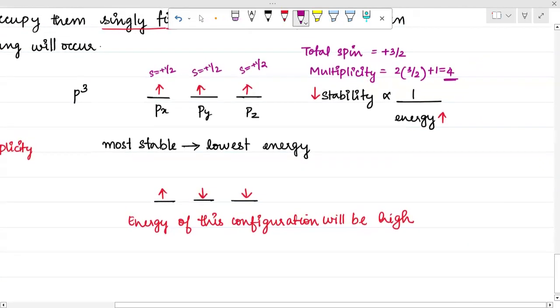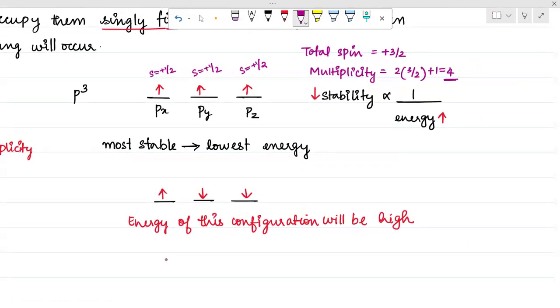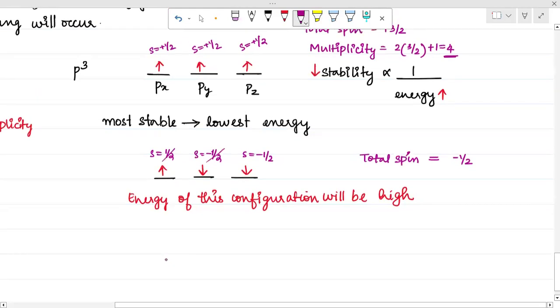This is the case. In the next case, where we said that the energy would be high, here s is equal to 1 by 2, here s is equal to minus 1 by 2, and here s is equal to minus 1 by 2. Now you tell me, what is the total spin? The plus 1 by 2 and minus 1 by 2 will get cancelled, and hence the total spin is minus 1 by 2.